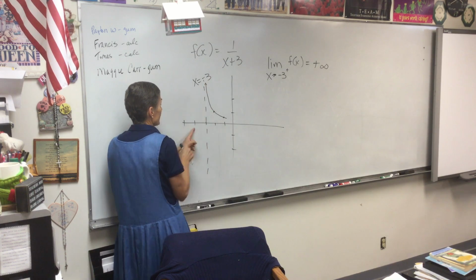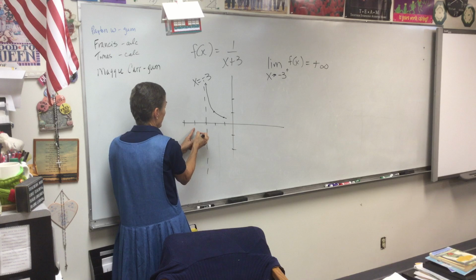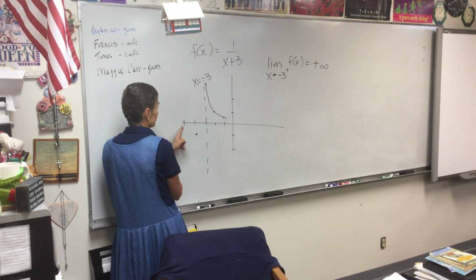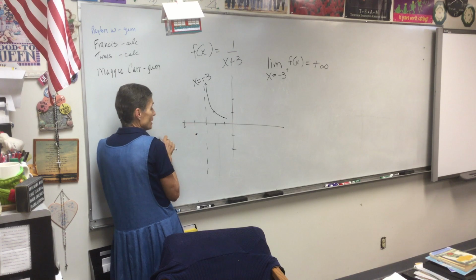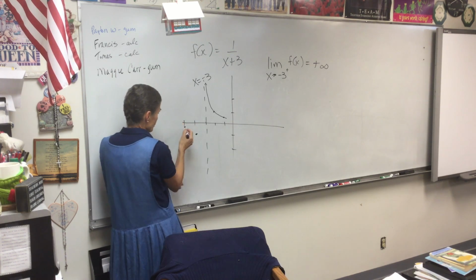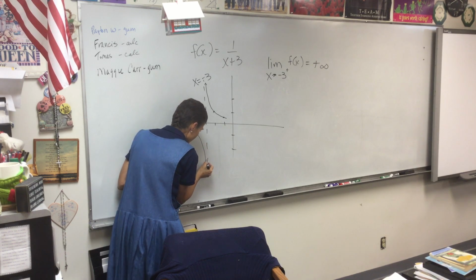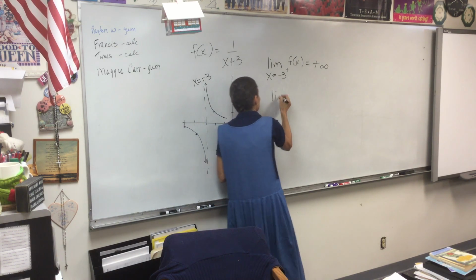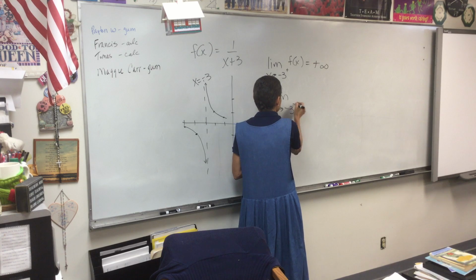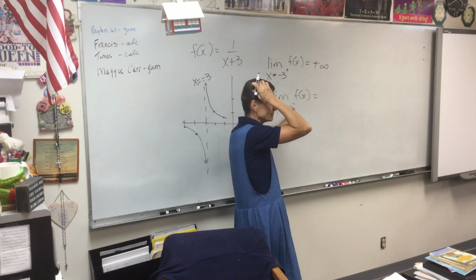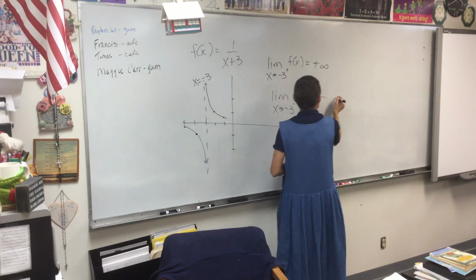What do you get if you put in -4? -1. What do you get if you put in -5? -1/2. So as I'm getting closer to the asymptote, what is my pencil doing? Going down. So the limit of the function as x approaches -3 from the left side is -infinity.